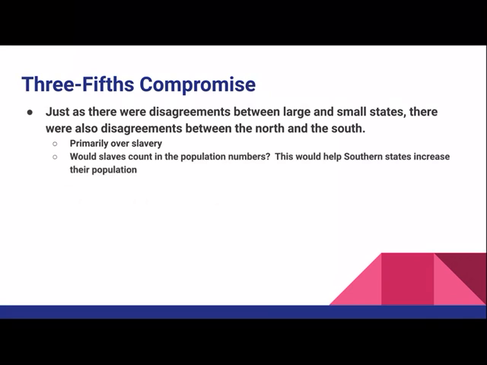Again, for every 25 people a state had, they'd get one delegate. And so some of the southern states that had enslaved people were saying, oh, well then our slaves should count towards our population, right? Because if they did, the southern states' population would be increased, therefore they would get more delegates making decisions and passing laws in Congress.